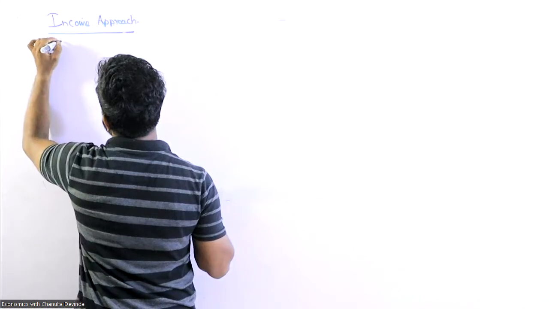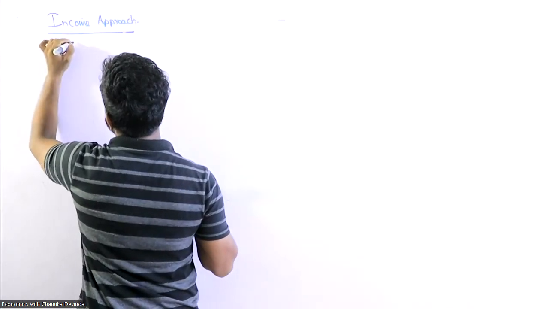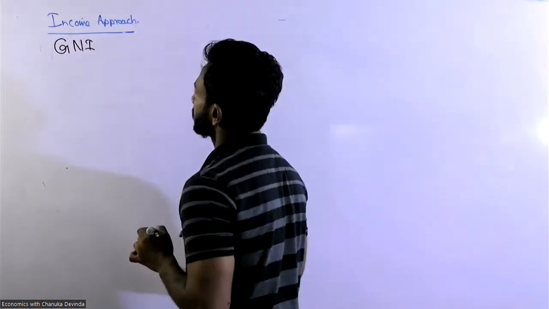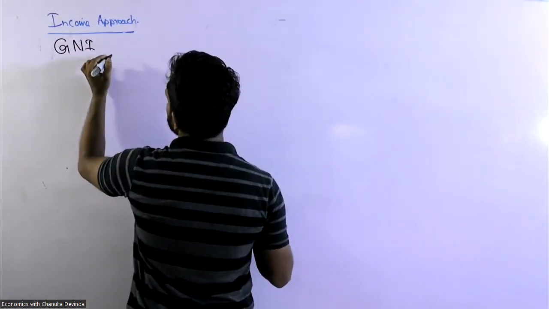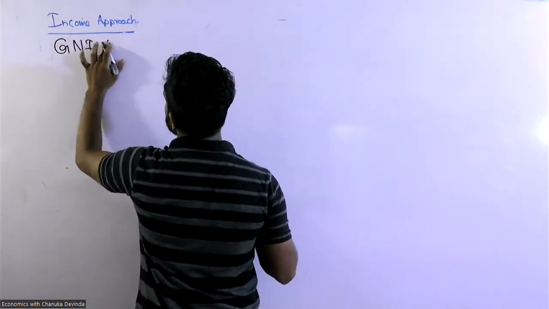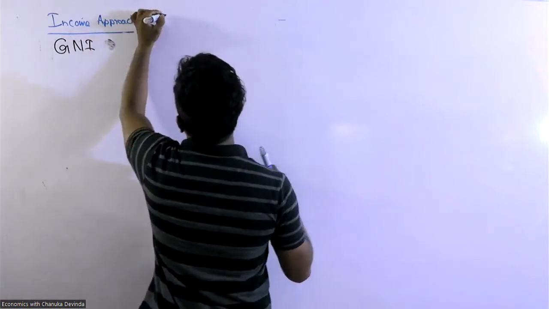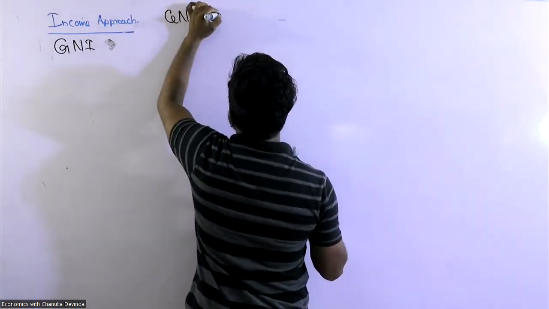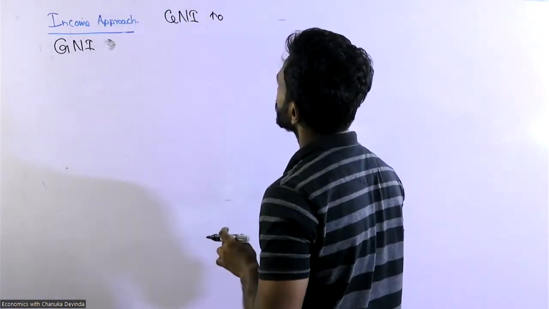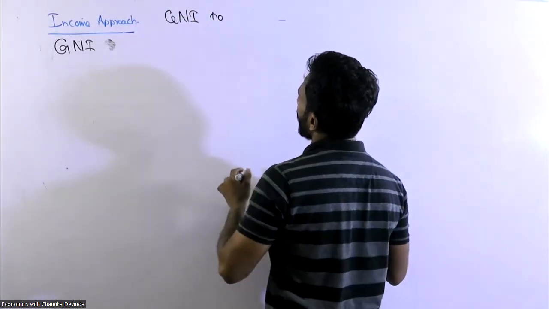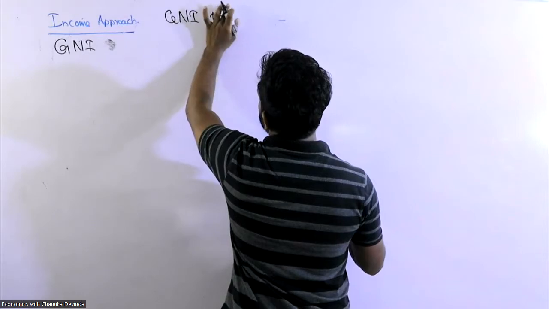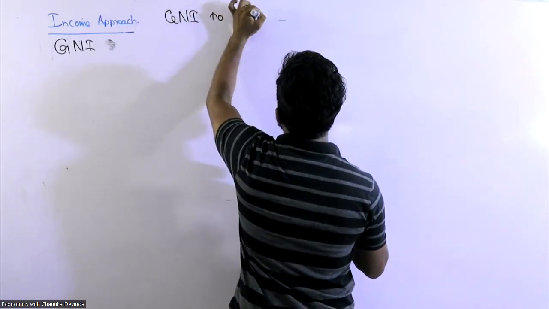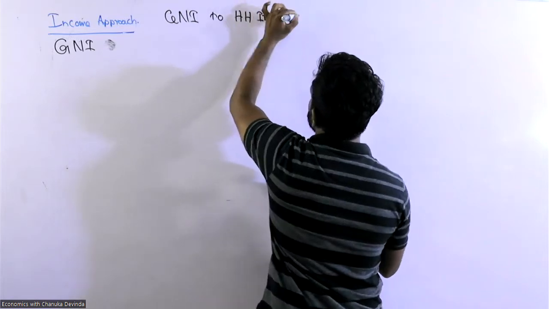How to transfer gross national income, GNI, to household income, right?